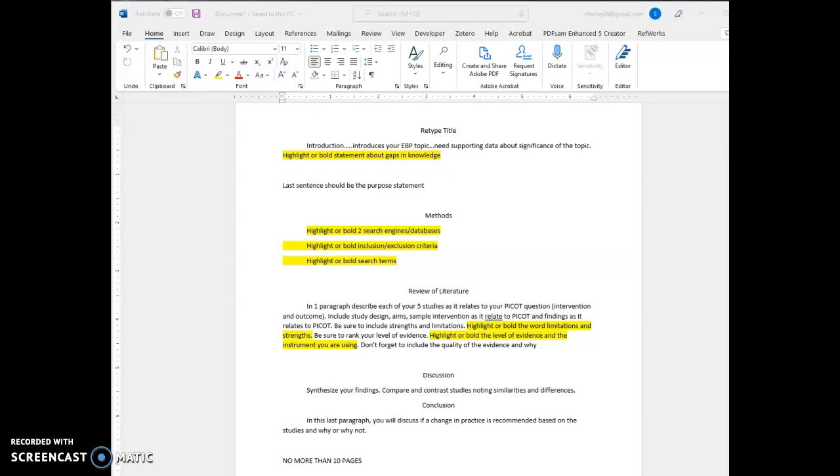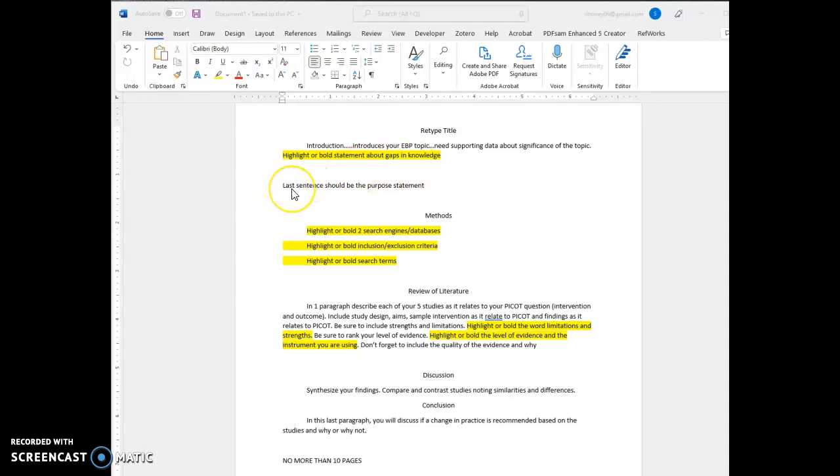This sets your significance. Or you could talk about how few nurses specialize in geriatrics, and this could set your significance. You'll also need to talk about the gaps in knowledge, and this is one of my preferences because I will look for this. So highlight or bold the sentences that talk about the gaps in knowledge.